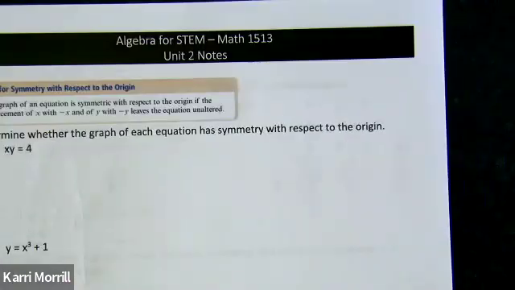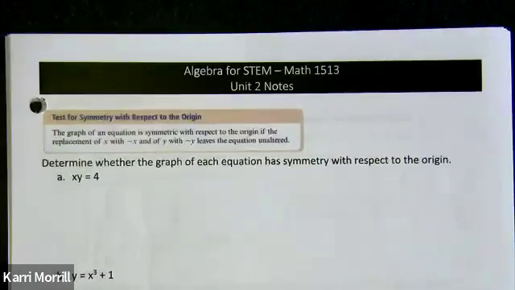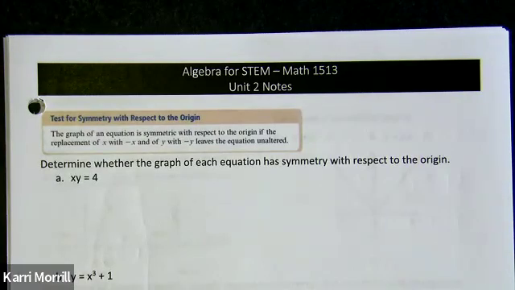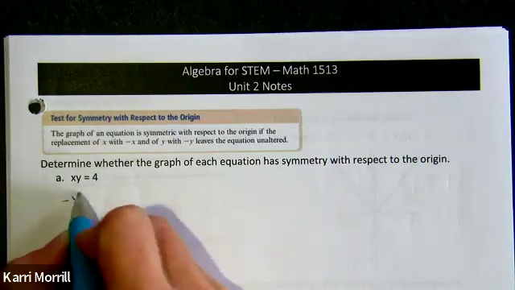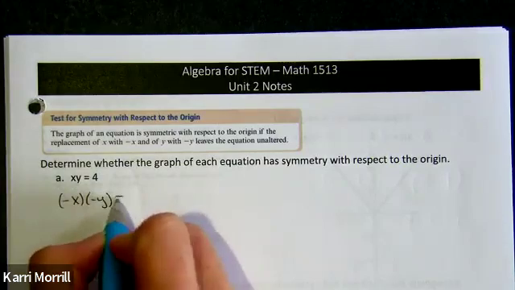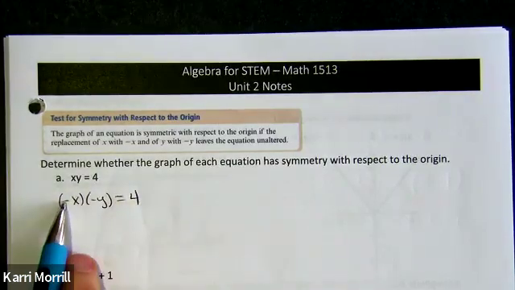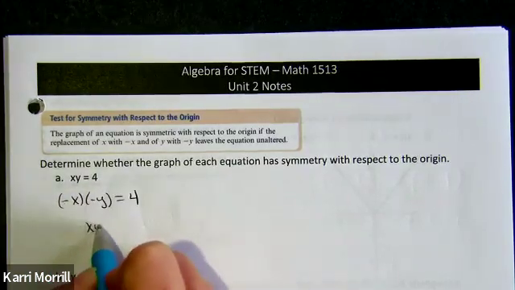Okay, so origin, remember? First page, we learned if x's and y's are changed, right? So in this one, if we are testing to see if it's in respect to the origin, we're going to change both x and y to negatives and then simplify to see if it's unaltered or not. So like this would be a negative x times a negative y equals 4, and we know a negative times a negative makes a positive.